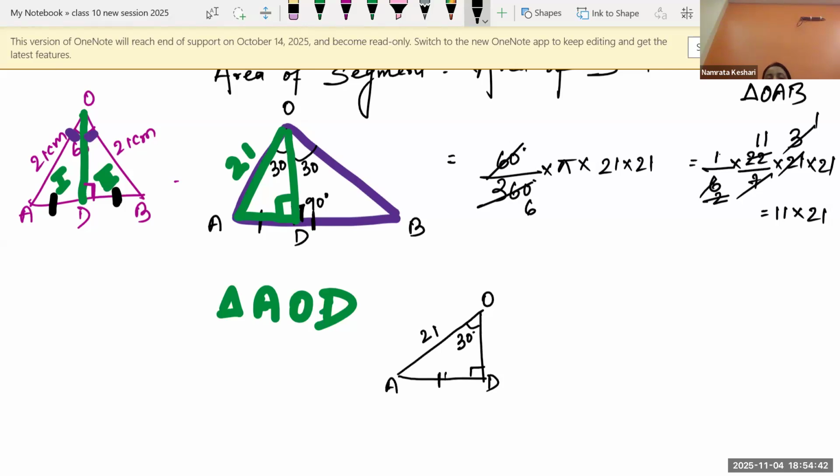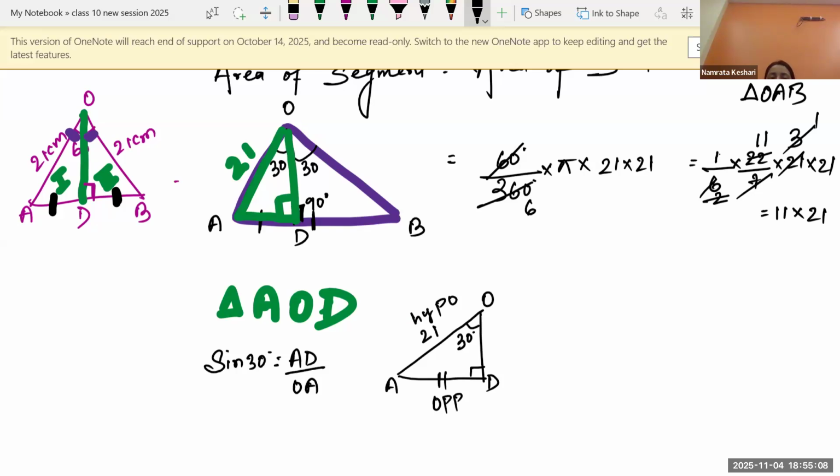Think about it with reference to this 30 degree: AD is the opposite side and this AO is the hypotenuse. So we want to use opposite and hypotenuse. Sine theta can be used. Can I write sine 30 degree is equal to AD by OA? Making sense?